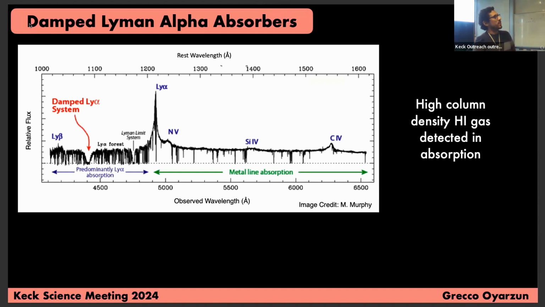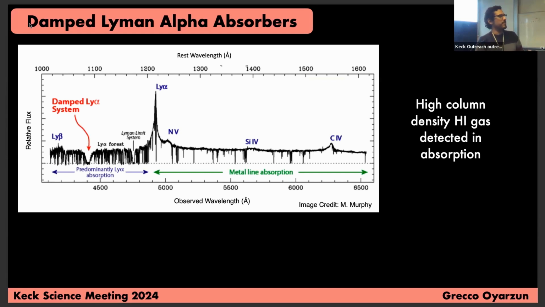And most of that gas is low column density gas. So gas in the intergalactic medium that's leaving these low equivalent width features that we see, and we call the Lyman alpha forest. Now, occasionally you'll see some very prominent absorption features, like the one pointed to here with the red arrow, and that's an example of a damped Lyman alpha absorber.